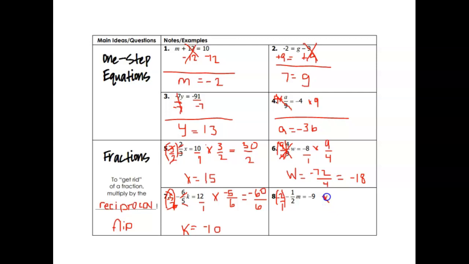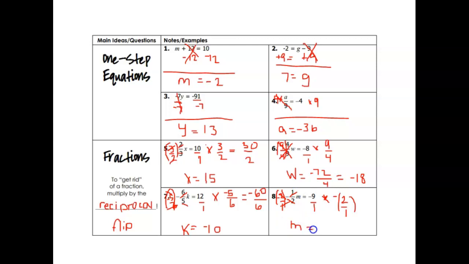I'm going to multiply this by negative 2 over 1. And then from there, I'm going to look to the left. I realize everything's going to cancel. The 2's are going to cancel across, the 1's are going to cancel, and I'm just left with an m.